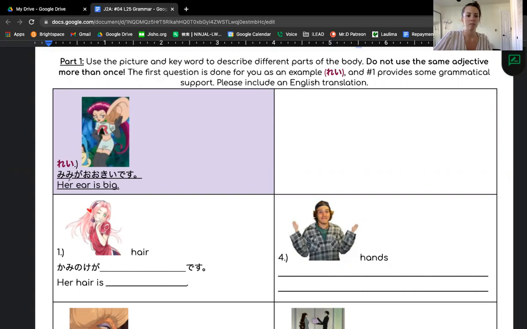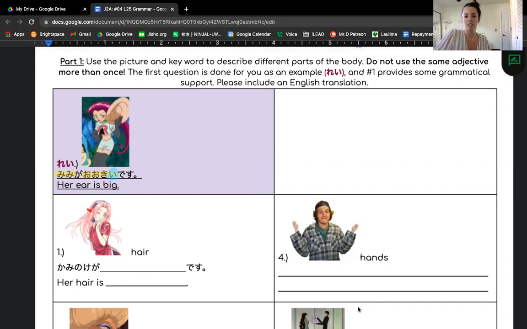So it says, Mimi ga oki desu. Do we recognize any of those words? First of all, Mimi means ear. Mimi, ear. And then oki means big. This is an E adjective because it ends in that E character, you see.